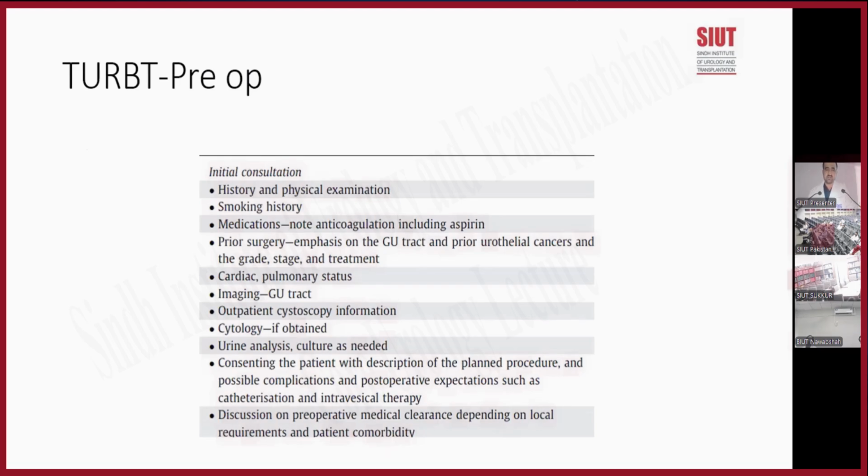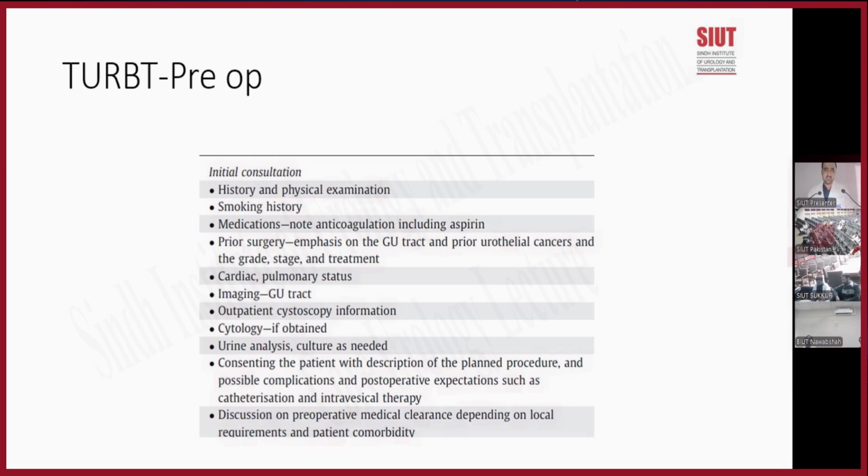Before TURBT, we should take a history from the patient about hematuria and LUTS. On physical examination, the patient may look pale, and in advanced stage, which involves the bilateral ureters, the patient can come in a uremic condition.